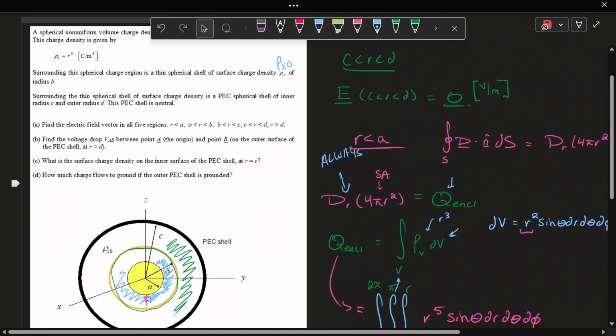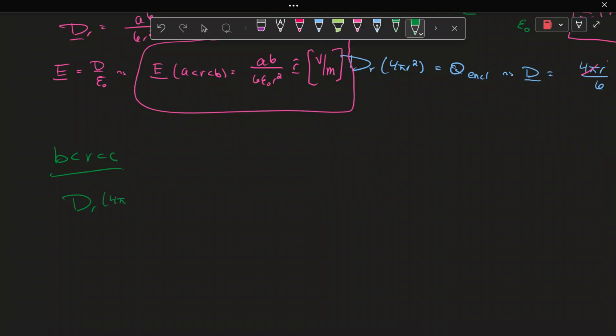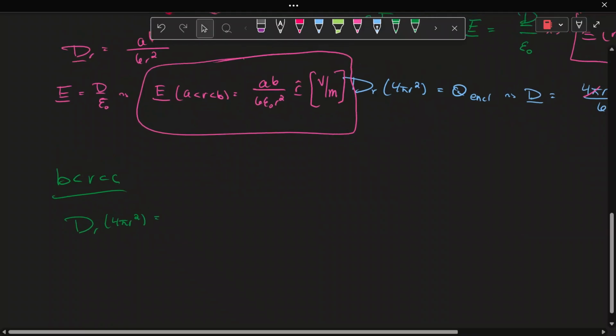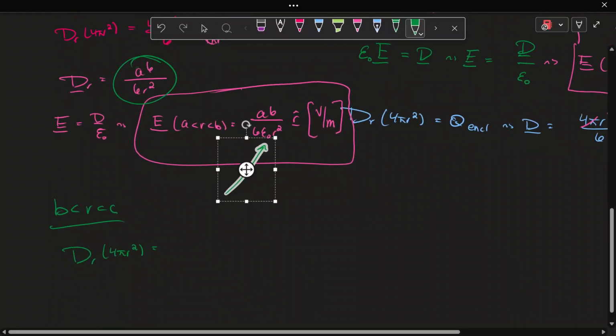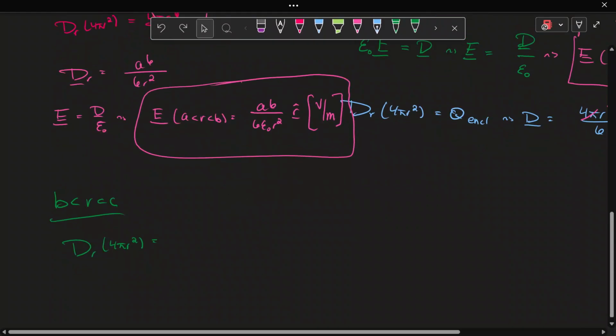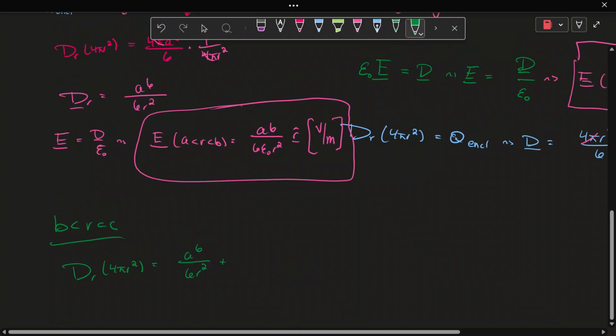Because now we have to include Q enclosed. So I'll show you what I end up doing: because it's a sphere, this will always be true. But now the Q enclosed changes. So we have something that's baselined, which is this value. So A to the sixth over 6R squared will always be baselined there. But now we've introduced a new rho.